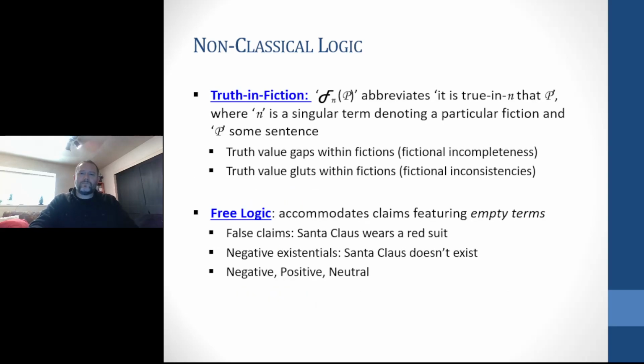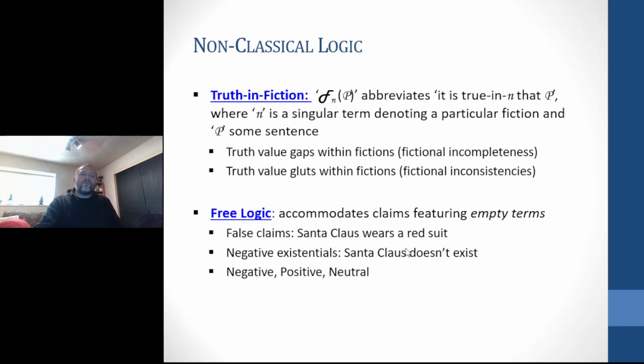Another kind of extension, and these are two areas where I'm particularly interested, is adding non-truth functional operators for things like truth and fiction. We can use this funky little f to say something like, according to fiction blah, P. This gives us a way to make sense of claims that aren't actually true, but are true within a story.